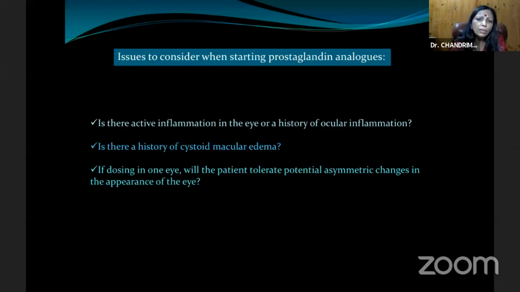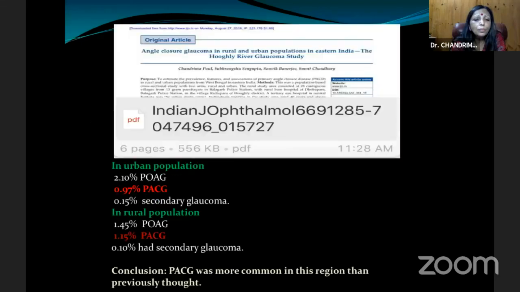So issues to consider when starting prostaglandin analogues: is there an active inflammation in the eye or not? Is there a history of cystoid macular edema? And if dosing in one eye, will the patient tolerate potential asymmetric changes, such as discoloration of the iris pigments?